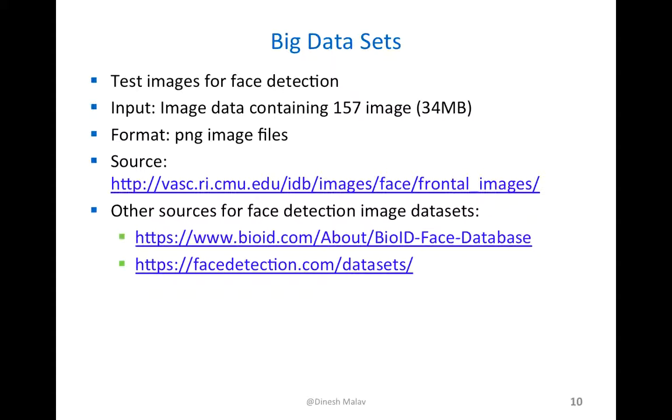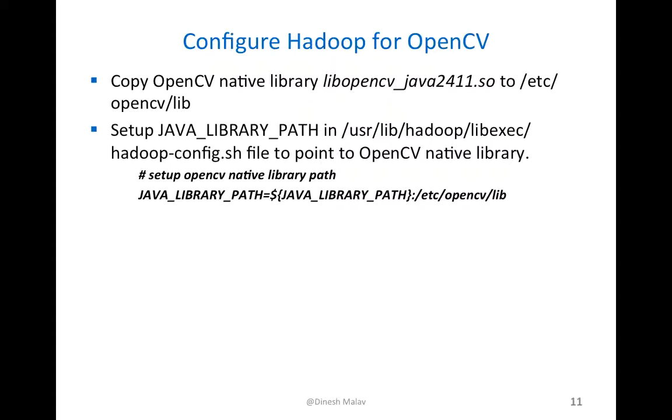The dataset that this program was run on was downloaded from CMU Face Frontal Image website and converted to PNG file formats. There are other sources for getting the face detection data sets, which can be used with HIPI. HIPI actually supports millions of files and that can be processed on the cluster.